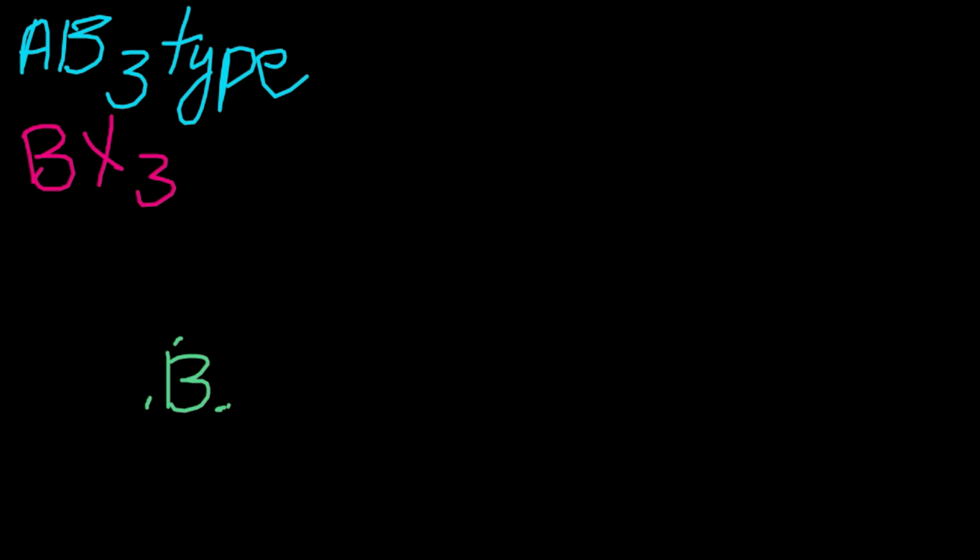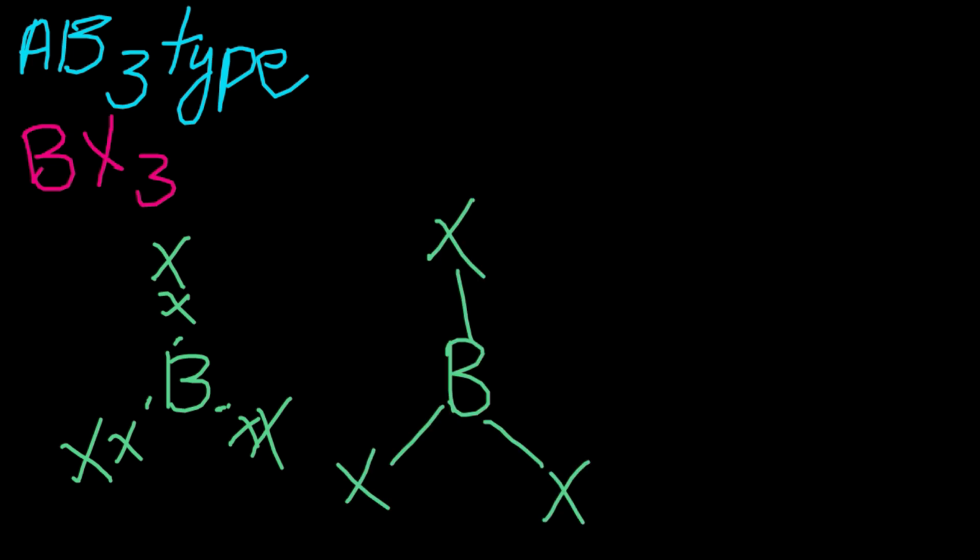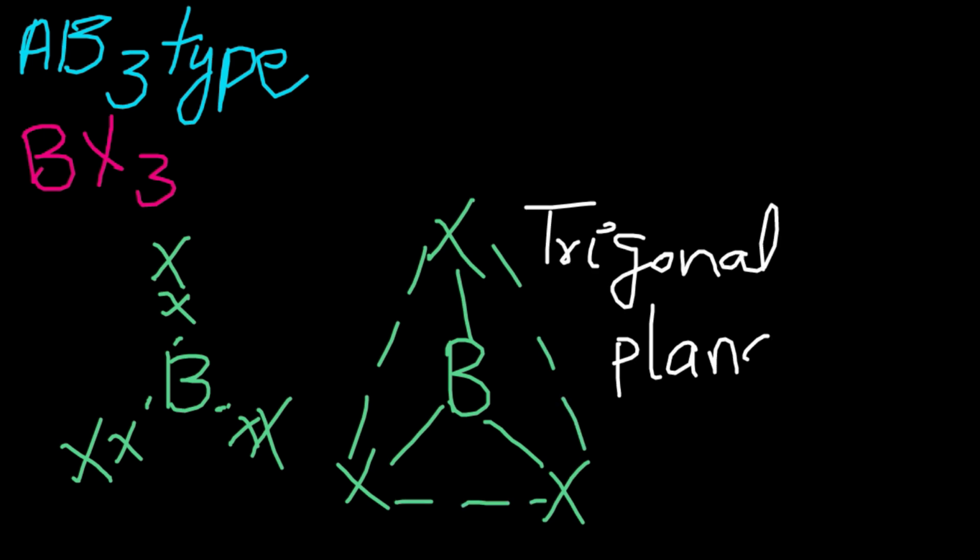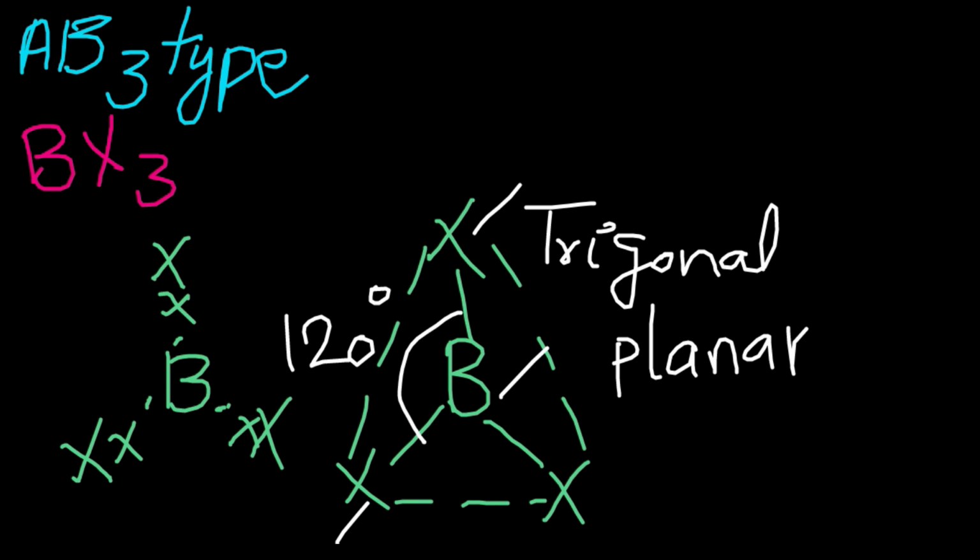Boron is making 3 bonds with 3 halogen atoms, and halogens can make 1 bond. This is the possible bonding formation pattern. This kind of geometry is trigonal planar geometry, and the bond angle between X, boron and X is 120 degrees.